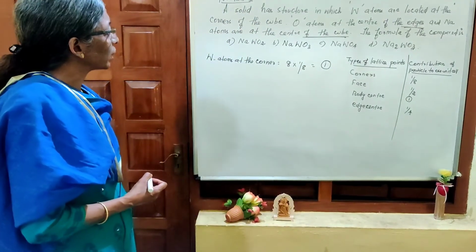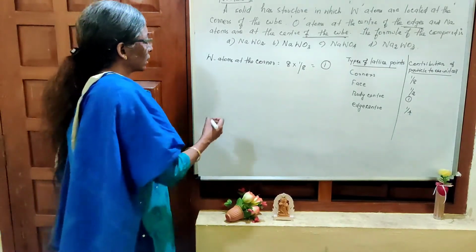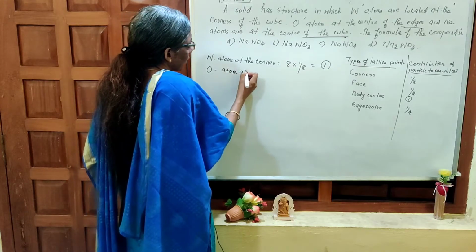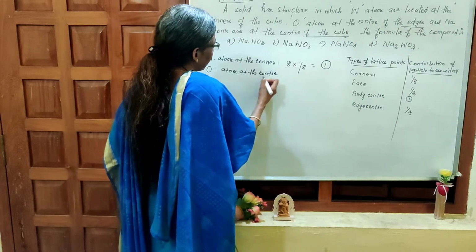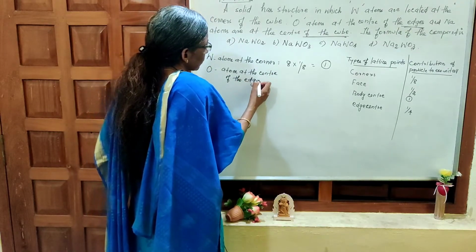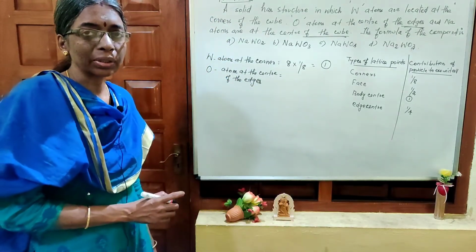Right? Next one, O atoms at the center of the edges. Just now we have seen how many edges are there in a unit cell? 12 edges.